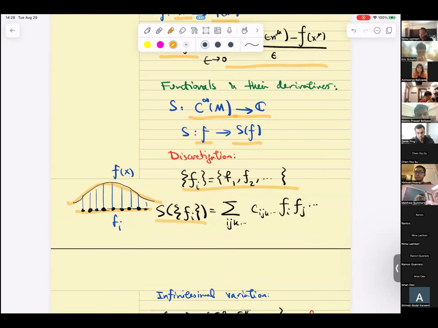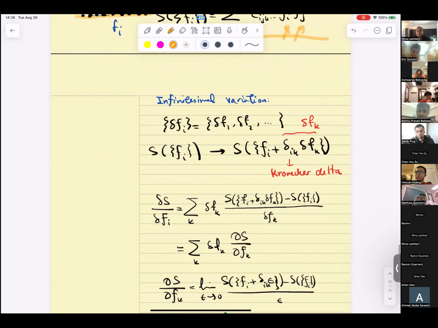Now a functional takes as an input a collection of these f1, f2, f3, and so on, and spits out something. For example, it could be f_i f_j C_ijkl and sum over all these things. Is this step clear? So a functional is in principle an ugly thing, but luckily, because of locality, it's not that bad.